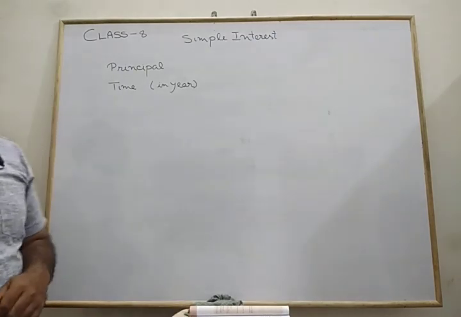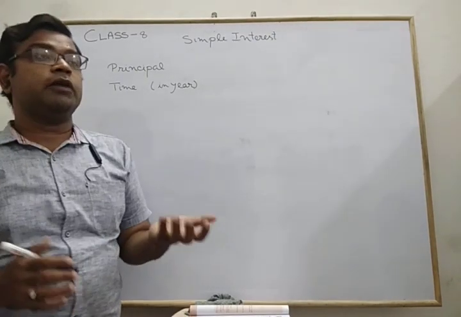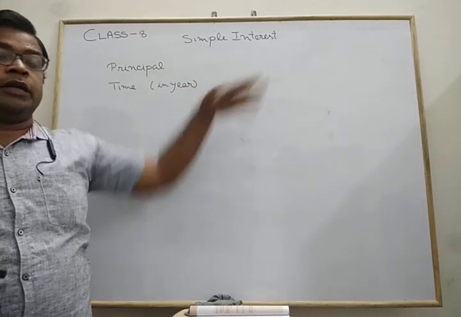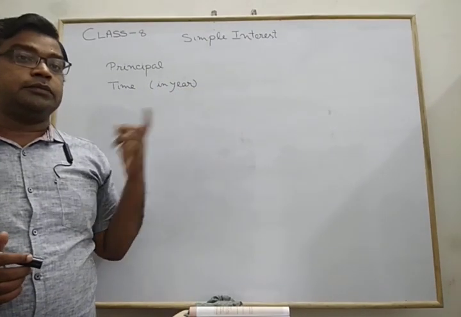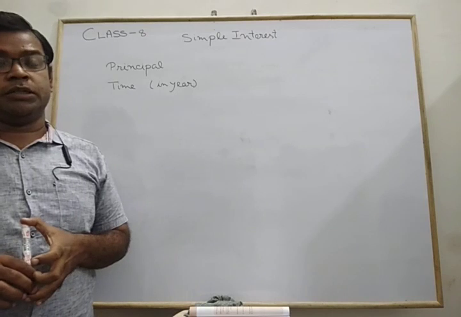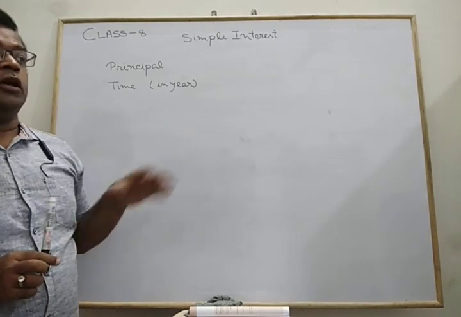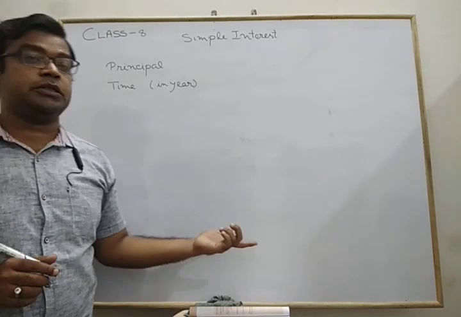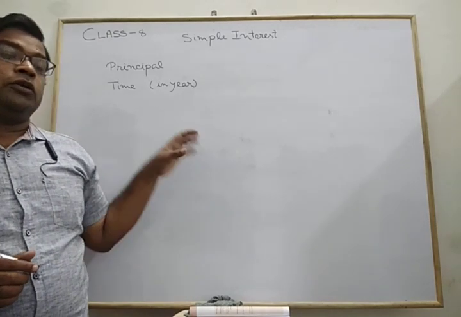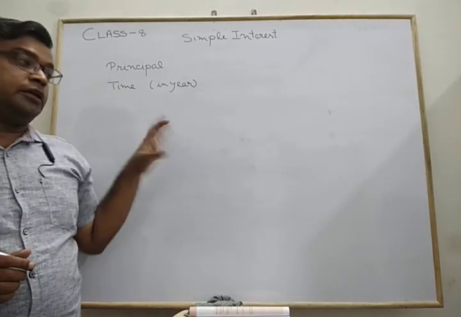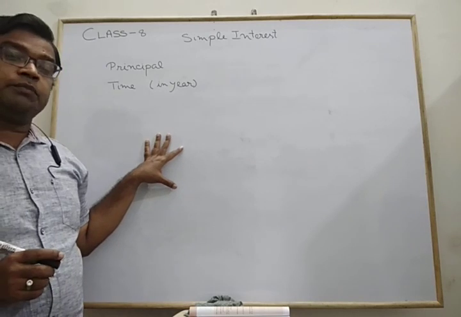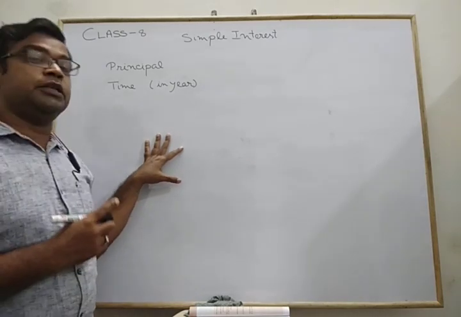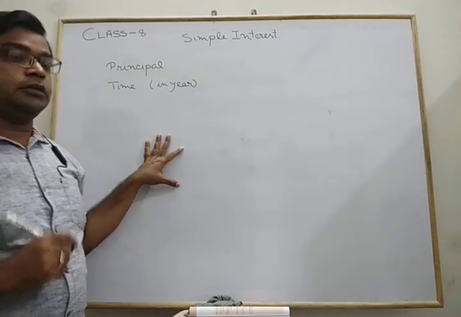Then rate of interest. Whenever I ask for some interest on that 100 rupees, there must be some rate. So I say, you take this 100 rupees, and you give me an extra 10% of this amount. After 1 year, my friend returned not only 100 rupees but plus 10% of that 100 rupees.